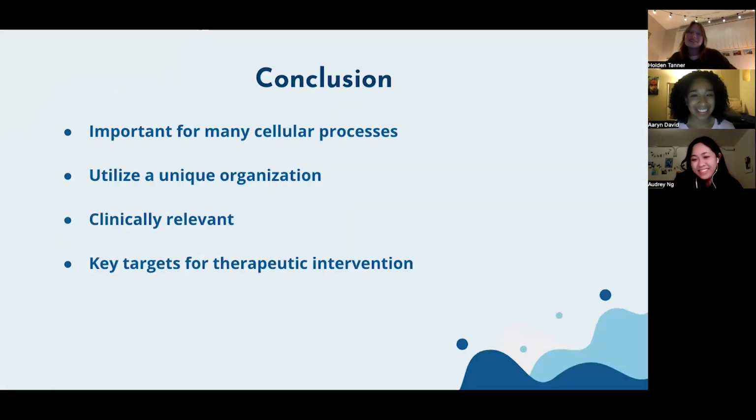All right, so just to briefly conclude, lipid rafts are important for many cellular processes, especially signaling. They do utilize a unique organization and are comprised of unique components. They are clinically relevant and could serve as key targets for therapeutic intervention in conditions that Audrey mentioned, such as HIV and Alzheimer's.